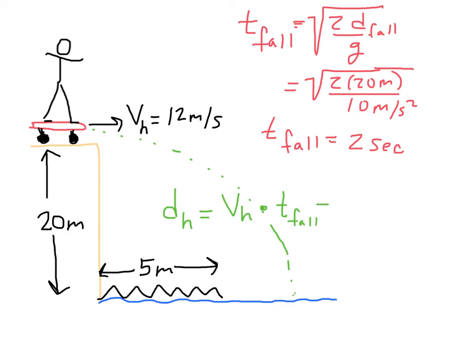In this case, it's 12 meters per second times 2 seconds, and their horizontal distance comes out to be 24 meters. So they cleared this by a long shot, which is great. We don't want any skateboarders to be harmed in the making of this physics problem.